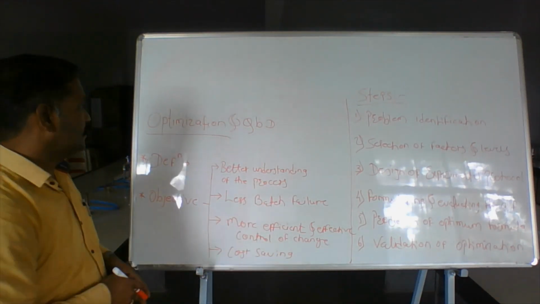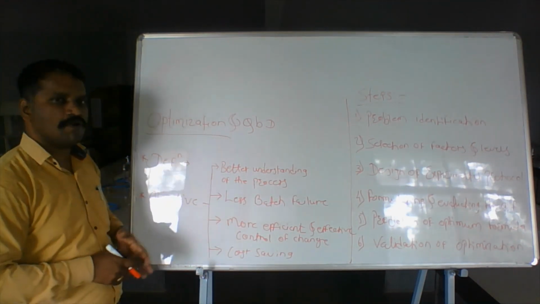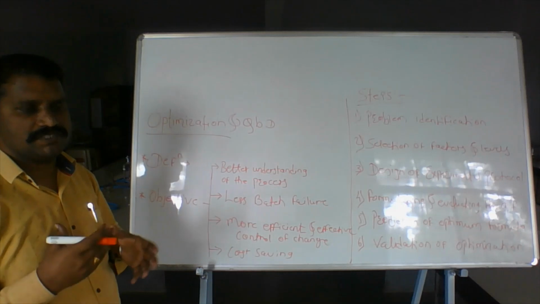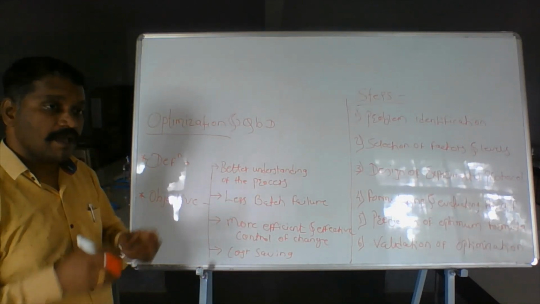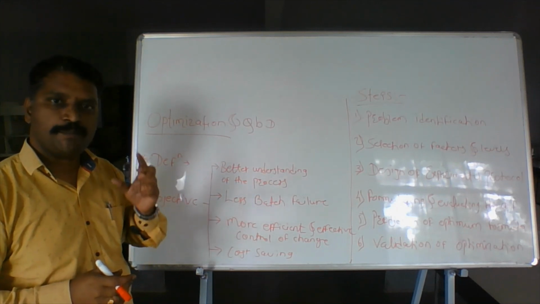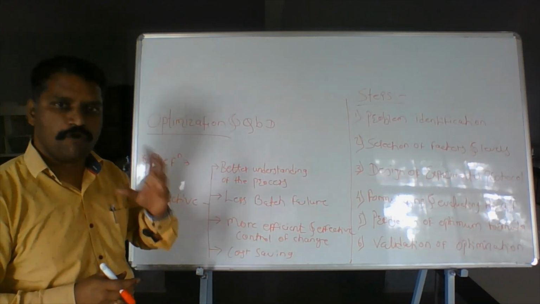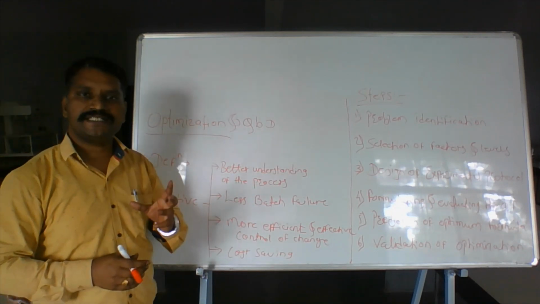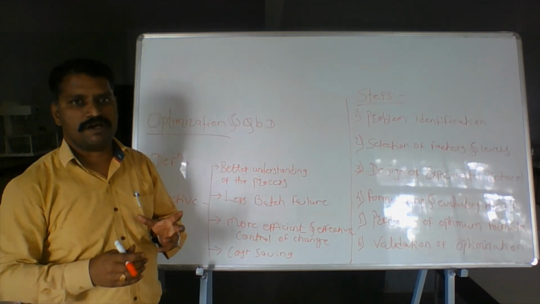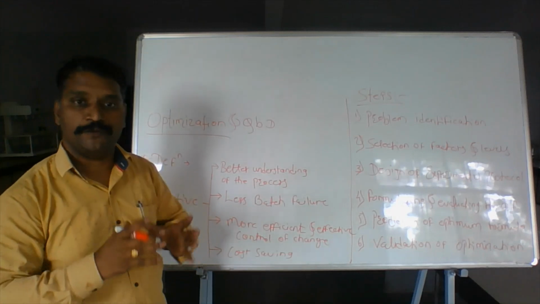So let us see the definition of optimization. Optimization, this word means what? To optimize, or to make a perfect formulation, or to select the best processing variables of, for example, a fluidized bed processor.